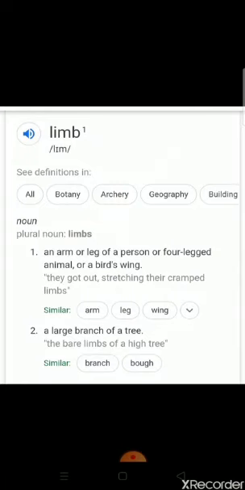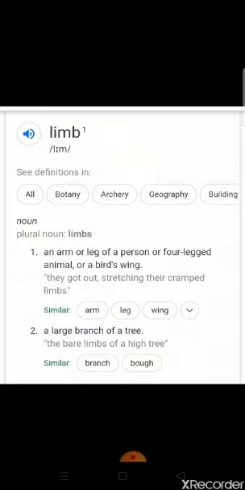What is the meaning of limbs? Just look at all the highlighted words. The first one is limbs. She is not able to move her limbs or her head. That means she is completely paralyzed. What is the meaning of limb? Limbs: arm or leg of a person.